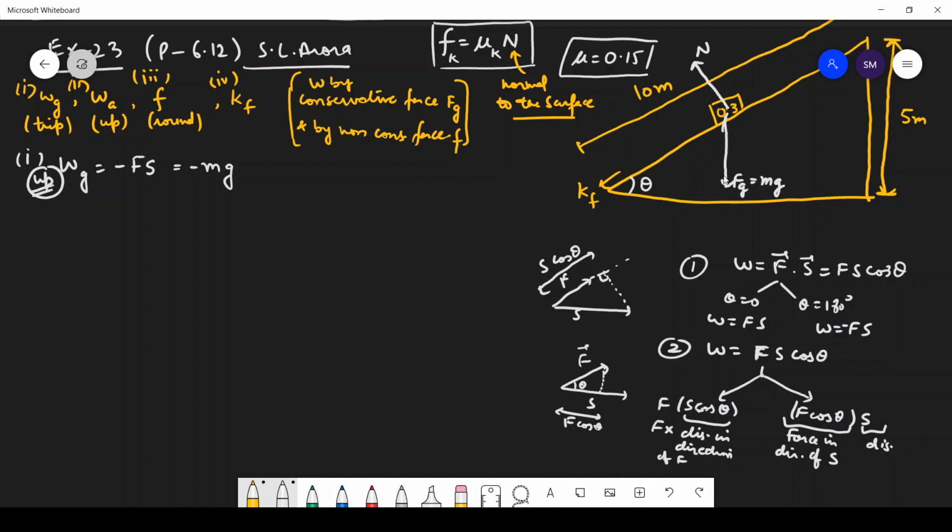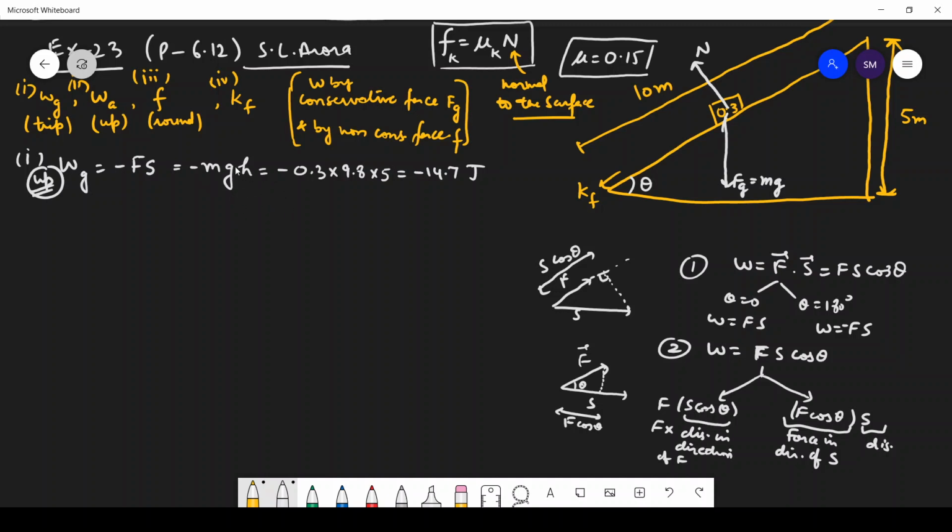The displacement is 5 meters, that's your height here. So minus mass is 0.3 kilogram into g is 9.8 into 5, and this comes out to be minus 14.7 joules. Yes, do you agree, students?